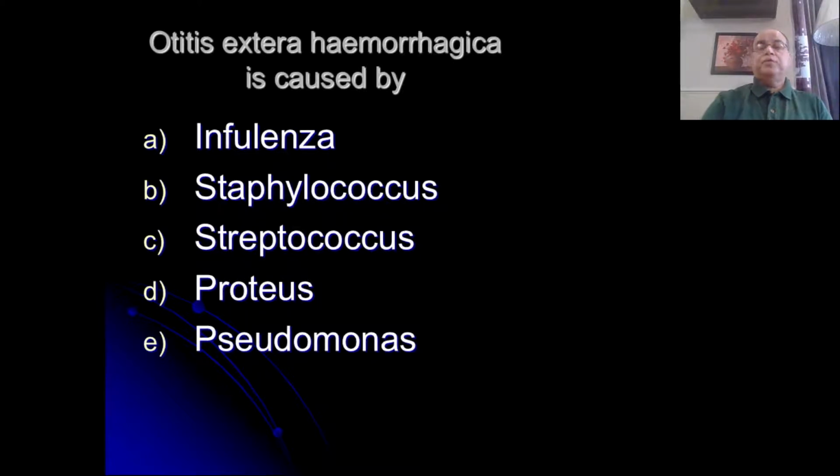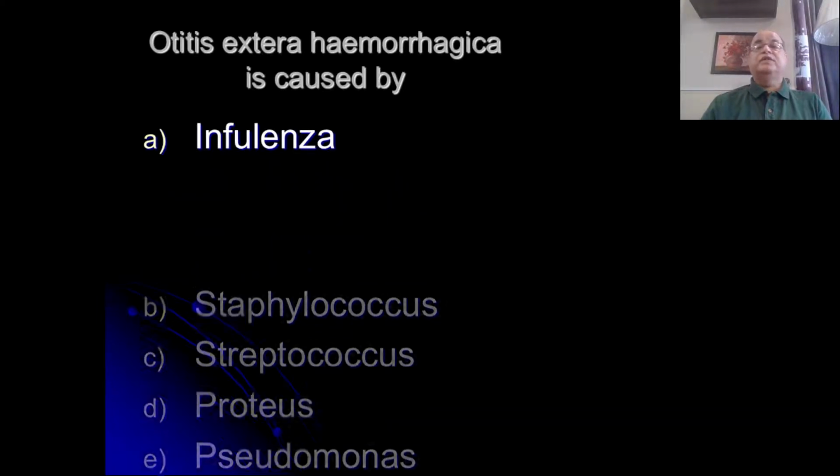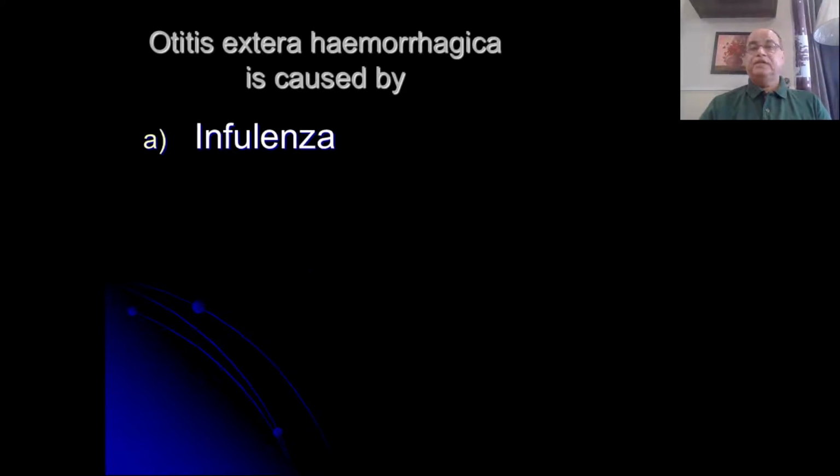If we look at the options, all four other options are bacteria: strepto, proteus, pseudo. So the only viral infection mentioned in the options is influenza. So that is the answer.